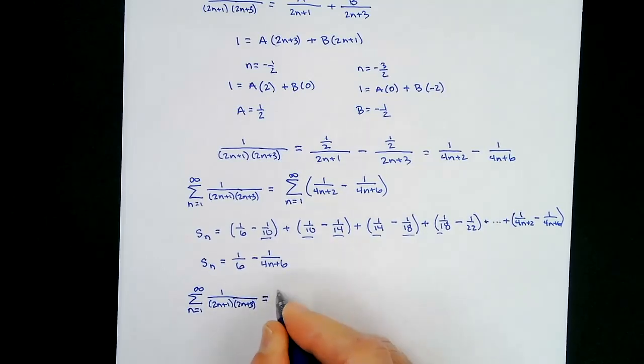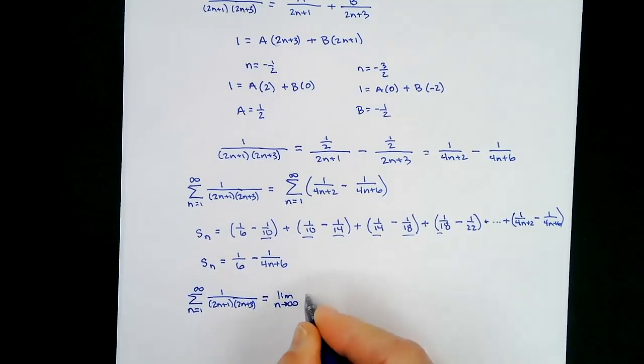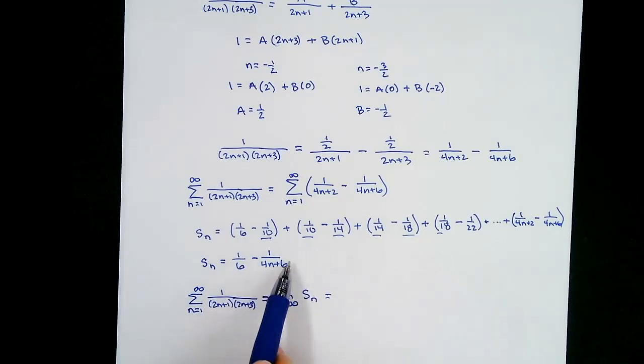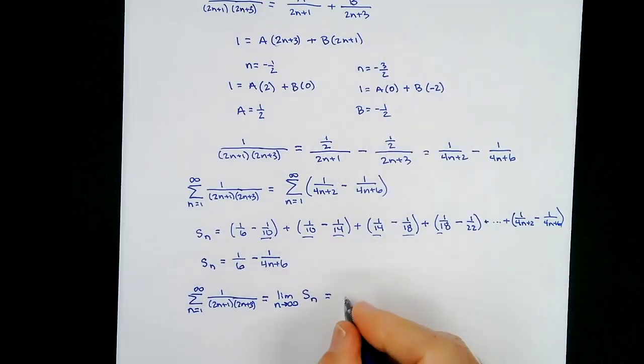This is the same as the limit as n approaches infinity of the nth partial sums. And this is always going to be true. If this one converges, then we know this one converges. The nth partial sum is really this formula now, right? We came up with a formula for the sum, not just the series.